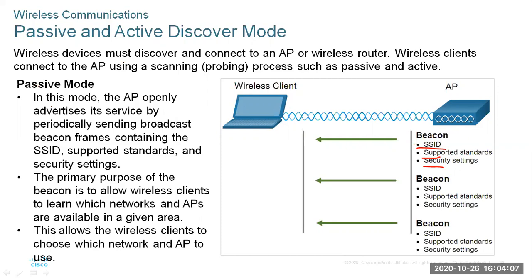In the passive mode, the AP openly advertises its service by periodically sending broadcast beacon frames containing the SSID, supported standards, and security settings. The primary purpose of the beacon is to allow wireless clients like laptops and mobile phones to learn which networks and APs are available in a given area. So this allows the wireless clients to choose which networks and APs to actually use.